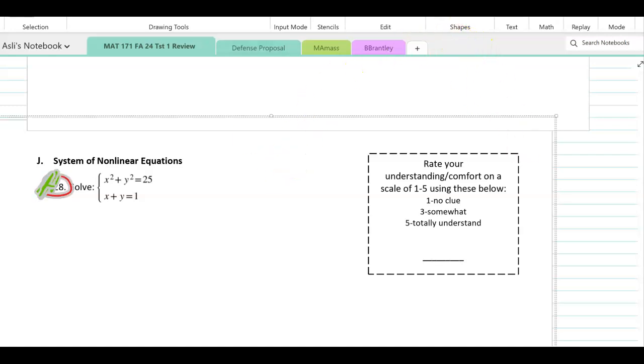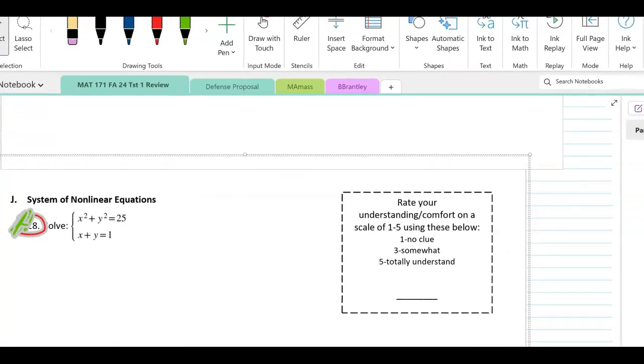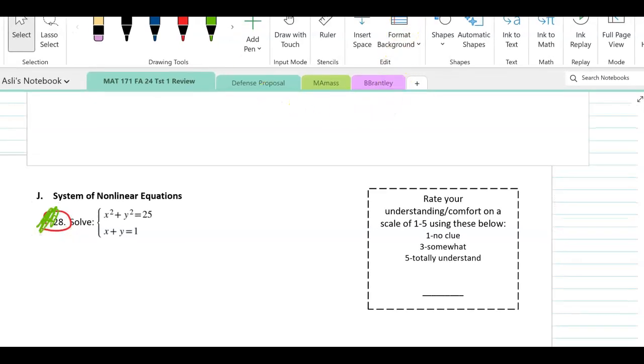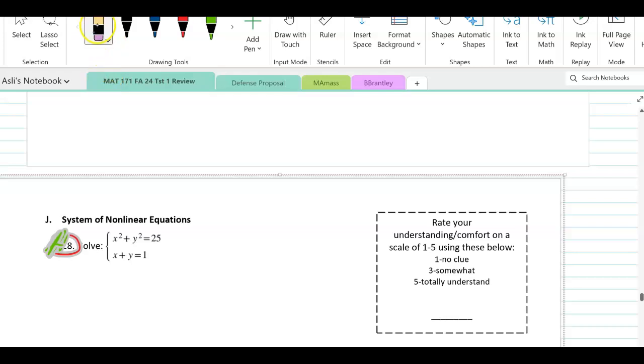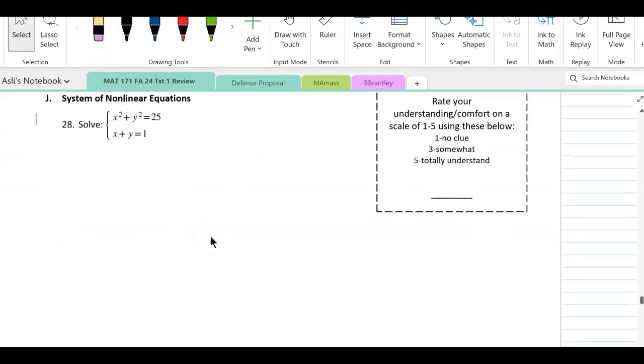Let me adjust my screen. Alright, that's better. So it is non-linear because look at the terms. We have second degree terms there, right? So it will become intuitive.